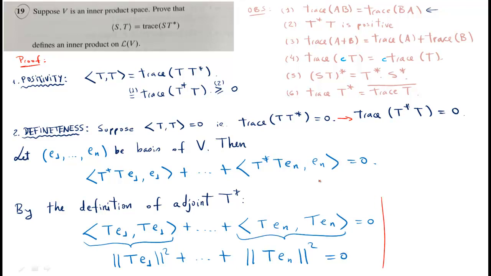And the conclusion is that this implies T of e sub j equals 0 for all j from 1 to n. Therefore T is equal to 0.